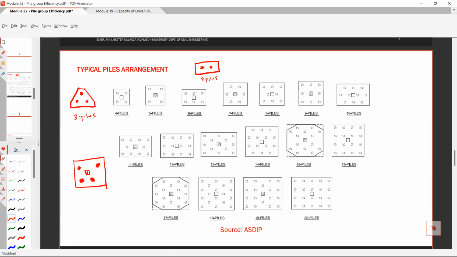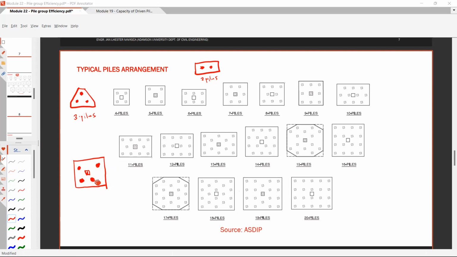So kailangan mong mag-provide ng pile cap, yung paglalagyan ng piles. Kasi nagkaroon siya ng additional eccentricity. Okay, later on, malalaman niyo paano nagso-solve nung capacity ng mga piles, nung reaction ng piles. I think i-discuss siya in module 23 for the reaction of piles. Okay, so ganon.